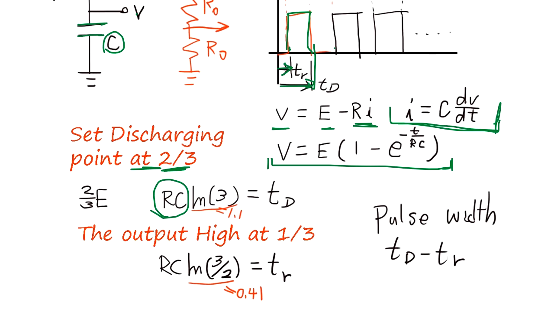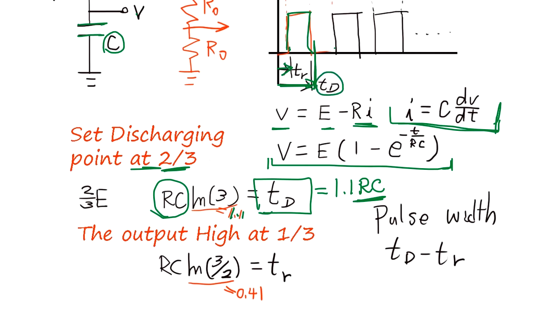If you solve this, the time TD is given by RC log 3, and log 3 is 1.1, so it's 1.1 RC. So choosing a proper RC component, 1.1 times RC is going to be TD. So this is the time.